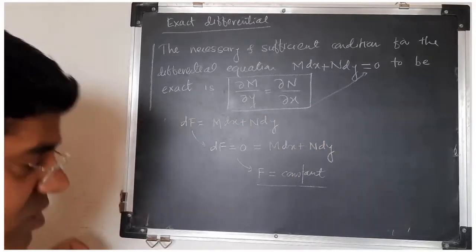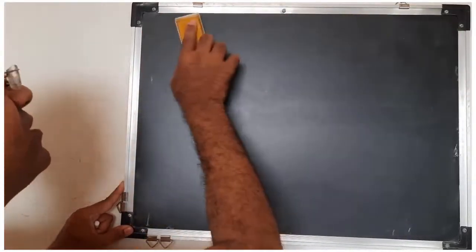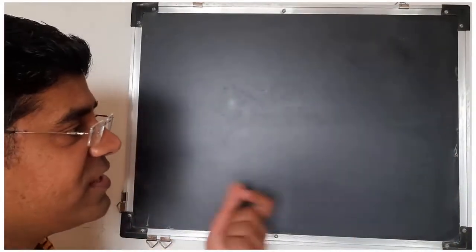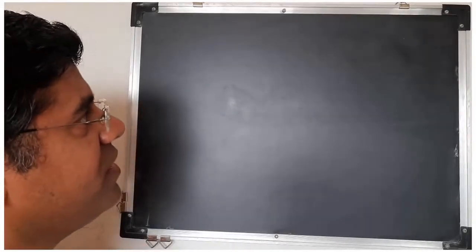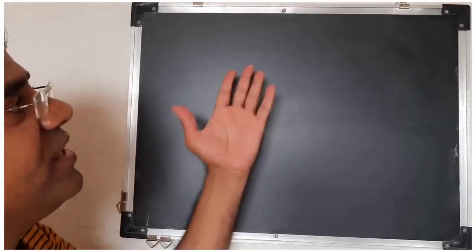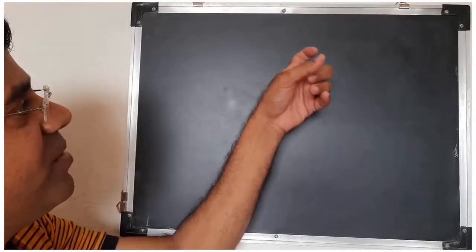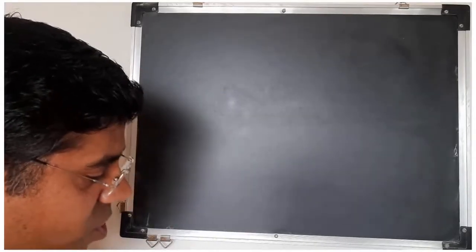So I will take a small problem. Many times they will ask you to show that a given function is an exact differential and find the function f, or sometimes to check the condition of exactness. So you have to check partial M by partial y is equal to partial N by partial x.